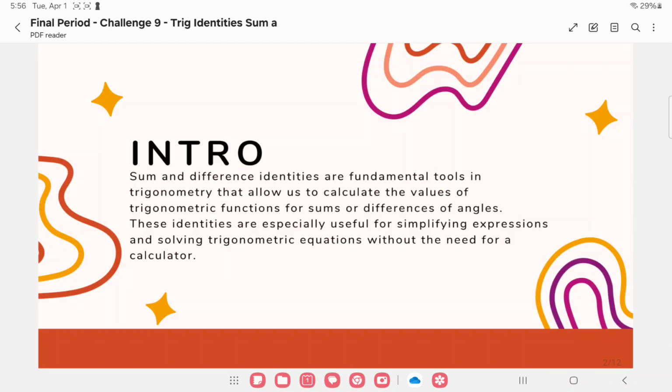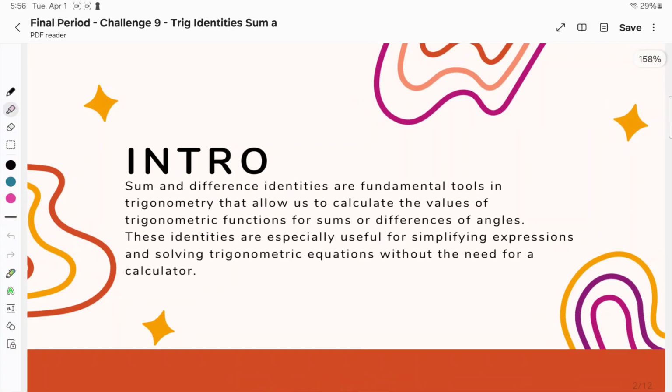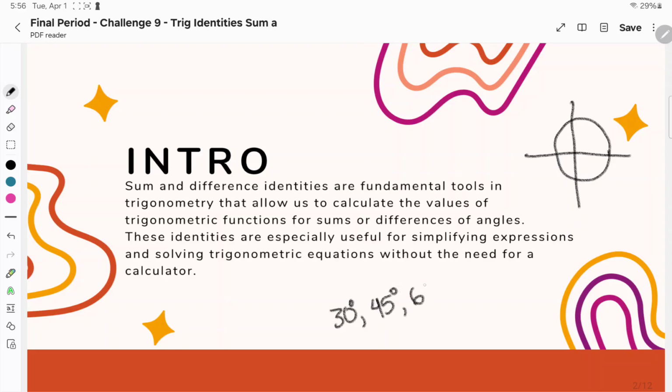So why are we doing this at the end? Why is this gonna be useful? Well, remember that at the beginning of the course, we used the unit circle, remember? We used the unit circle and we had certain angles that were called the special angles, for example, 30, 45 degrees, 60 degrees, and so on.